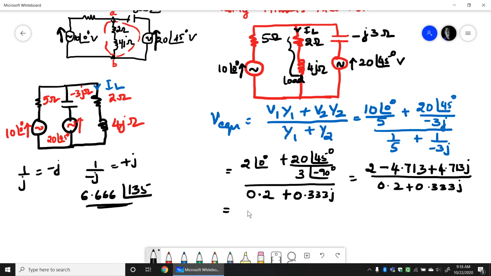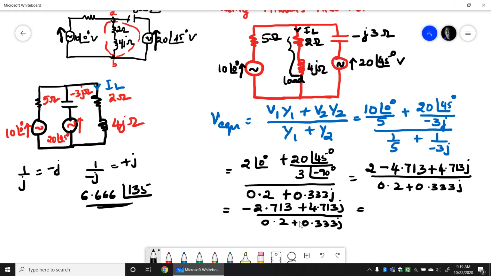Now 2 minus 4.713 is minus 2.713, plus 4.713 j, divided by 0.2 plus 0.333 j. Now I convert this into polar, both numerator and denominator.